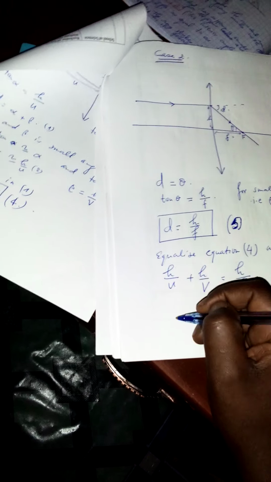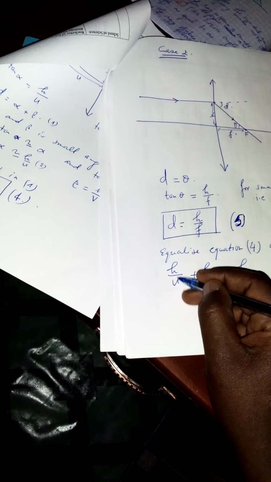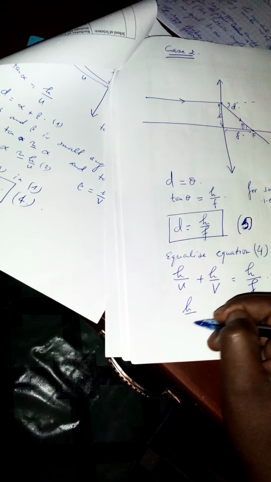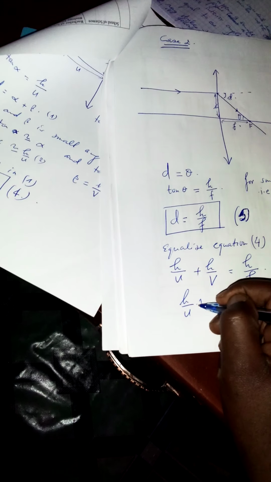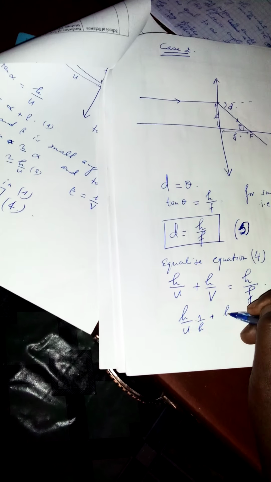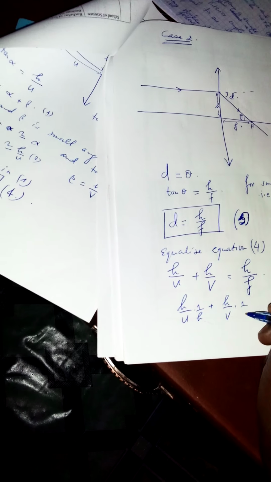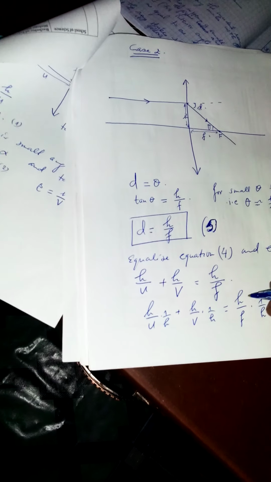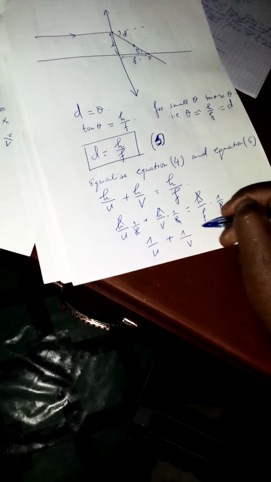So when you divide by h, we remain with 1 over u plus 1 over v, which is equal to 1 over f.